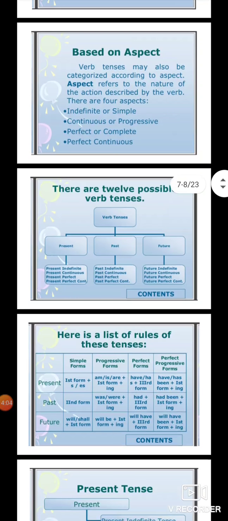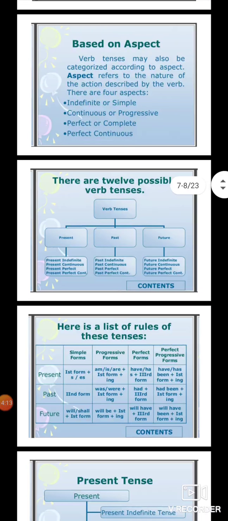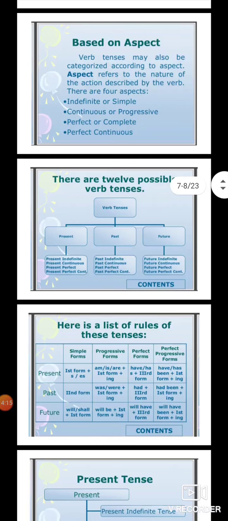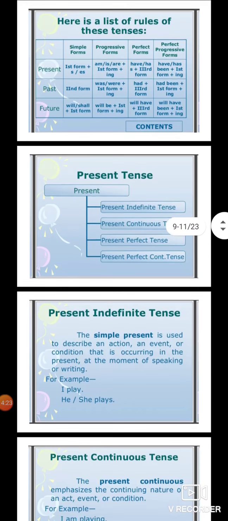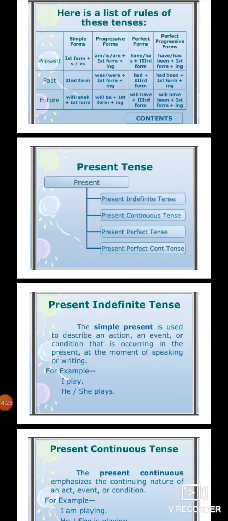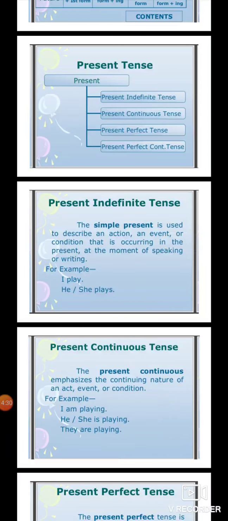And we saw a list of rules as to how to write down a simple present tense and a present continuous tense, and a simple past tense, and how to write a past continuous tense. And as I told you, these are the 4 viable past and present tenses that can be used. Again, we saw the definition of a present tense and the 2 examples and how the verb changes.